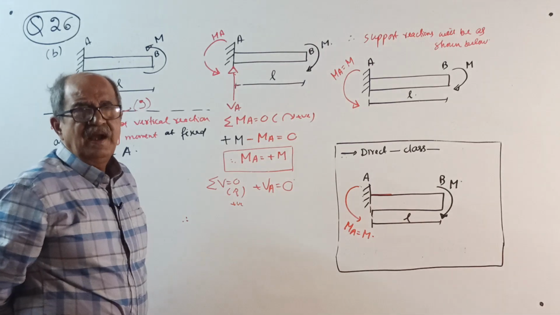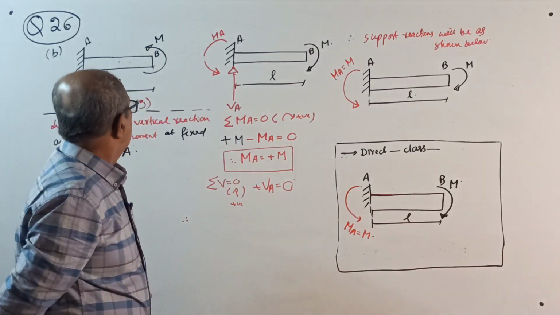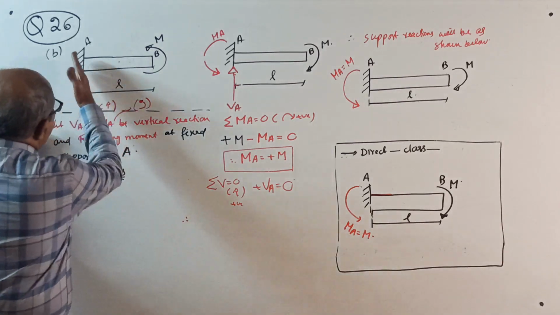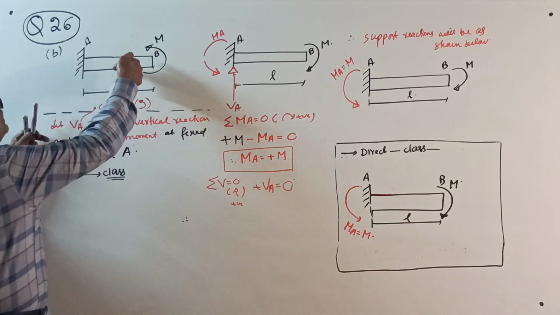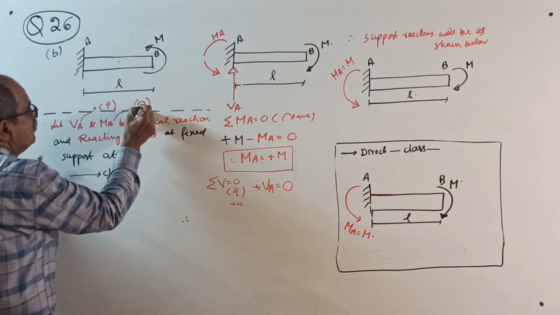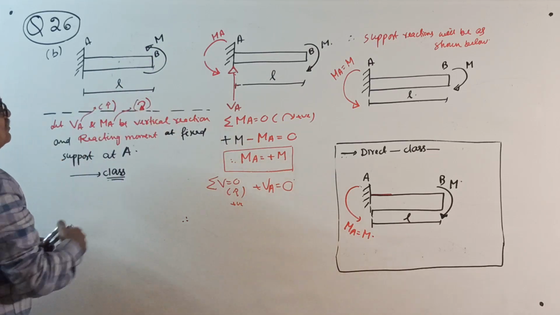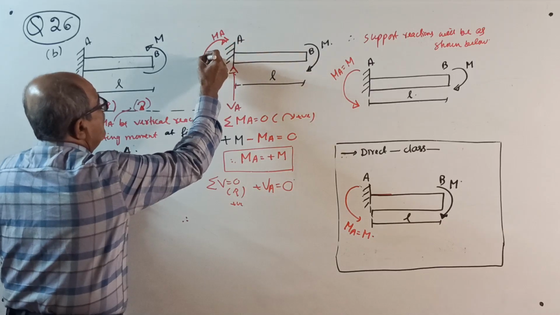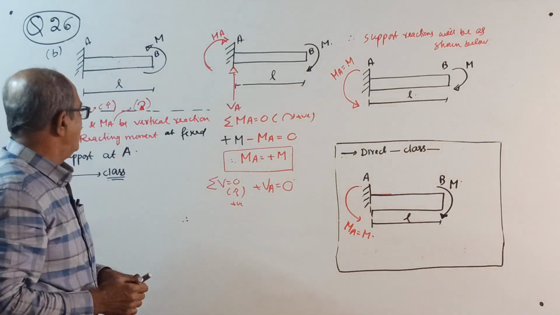Find the reactions. As usual, VA will be taken upward. Now, since the couple is anti-clockwise, the reacting moment will be clockwise, surely. If you take it anti-clockwise, when you solve, a negative sign will come.